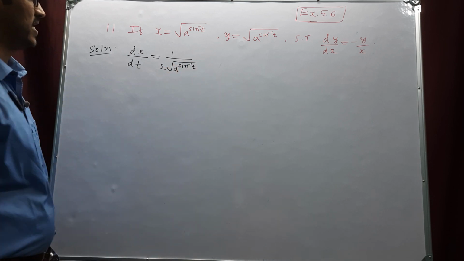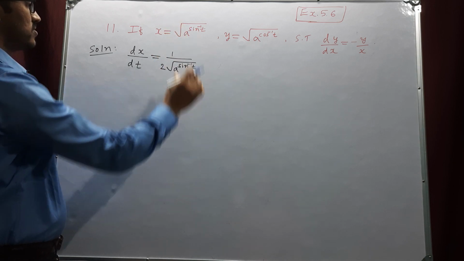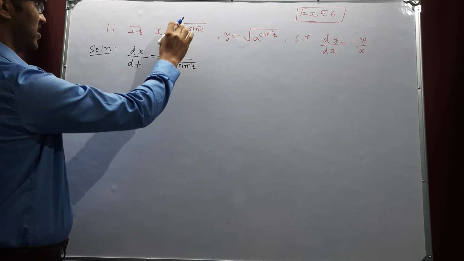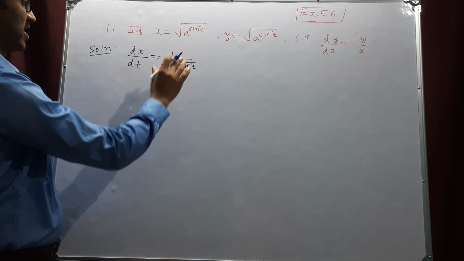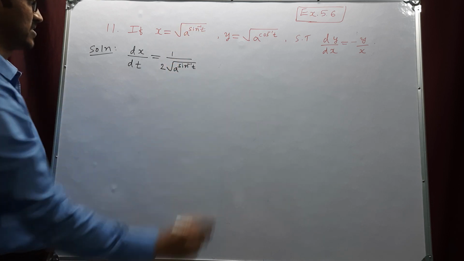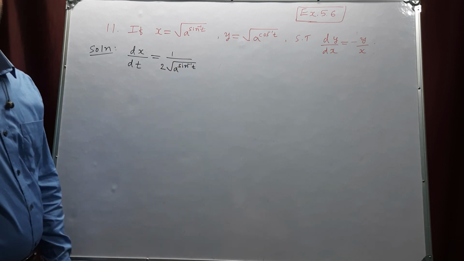That is by applying the chain rule. So what we'll get, derivative of the outer function. Outer function is root here. Root means 1 by 2 times root. We have kept inner function as it is. Again derivative of a power sin inverse t.